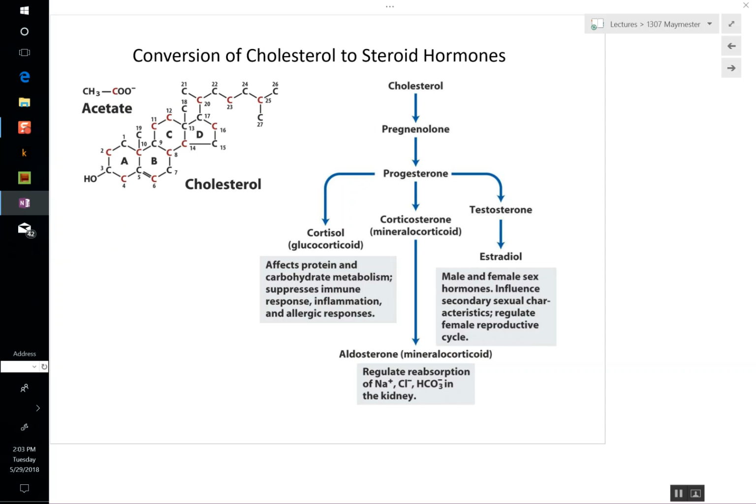You can see that progesterone is the precursor for testosterone. That is the precursor for estradiol. So the female sex hormones are on either side of the male sex hormone, testosterone. Even in female metabolism, you have to go through progesterone and testosterone to estradiol.